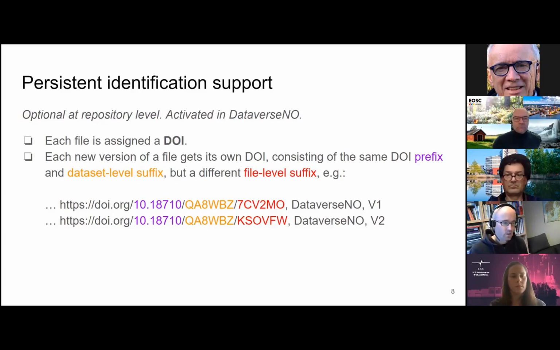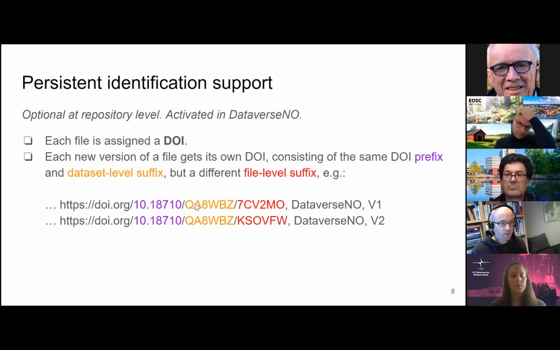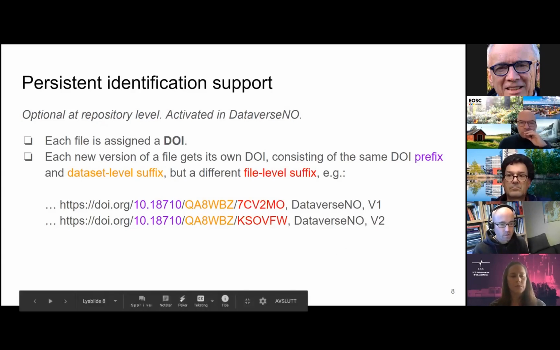So we see here some examples with the prefix, our prefix for the repository, then the dataset level suffix, and then the file level suffix, which differs from version to version.